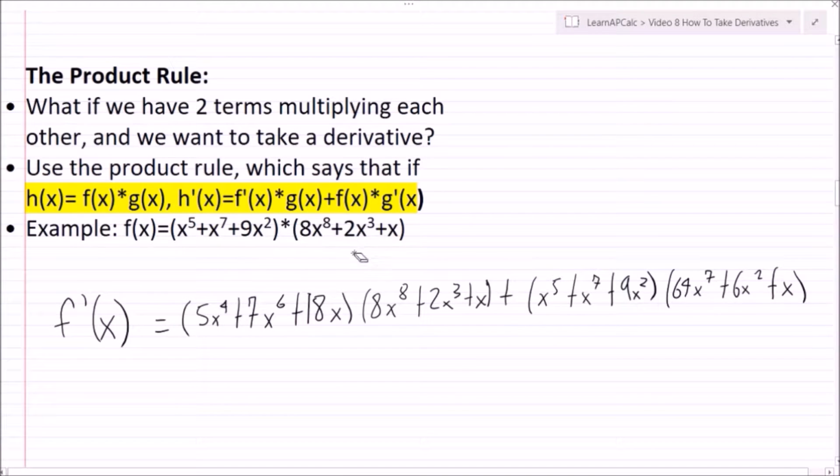And so all we're doing here is f prime of x times g of x plus f of x times g prime of x. So that's all the product rule is.